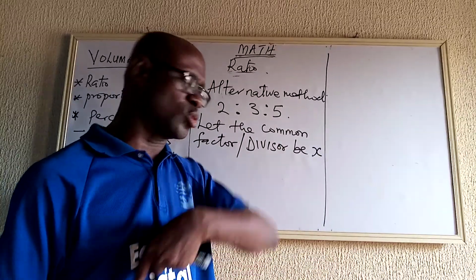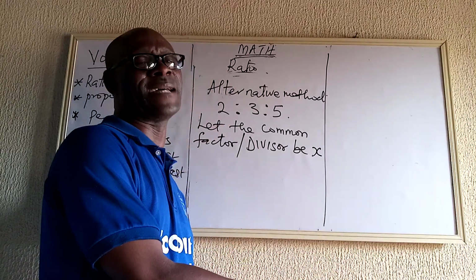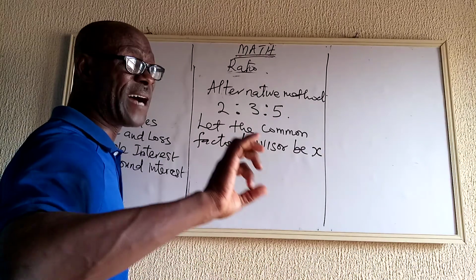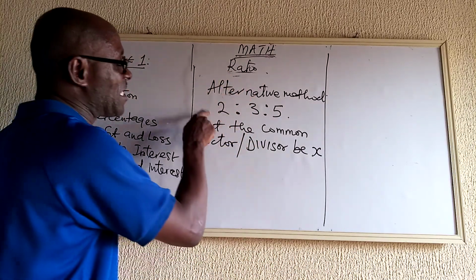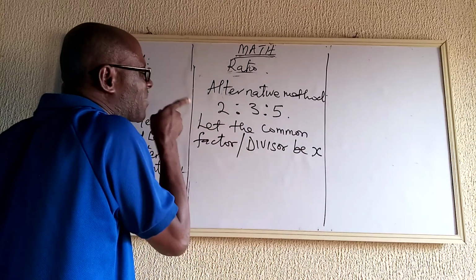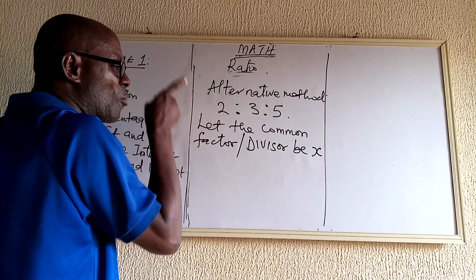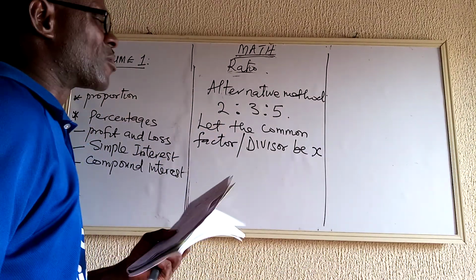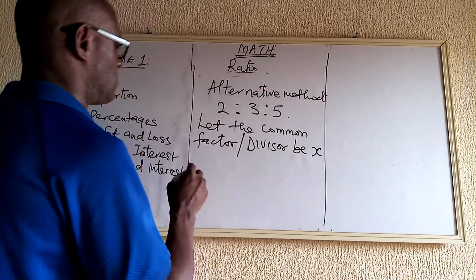So since x is a divisor used to divide the original share of each of the investors, I will use that same x to multiply each of these to get their original value.